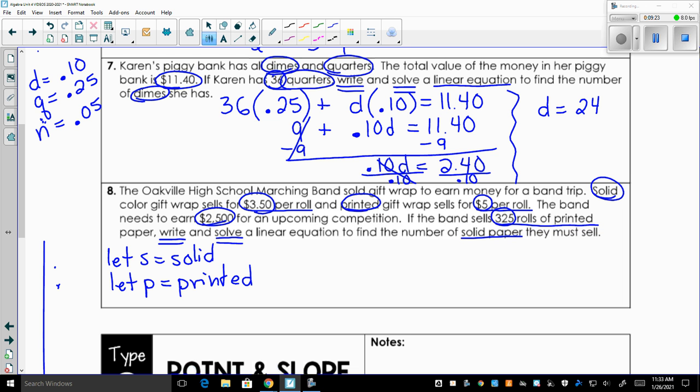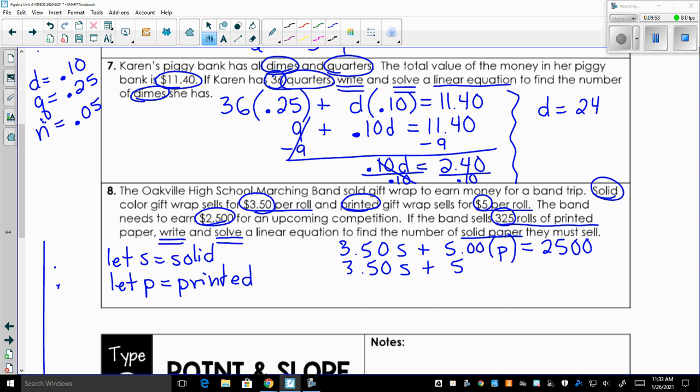So we are going to do 3.50 times the number of solid rolls plus $5 times the number of printed rolls, and I could have just used a plain 5. That's fine. It has to be sold for $2,500. But we know how many printed rolls, so we're going to take out the P here in a second.